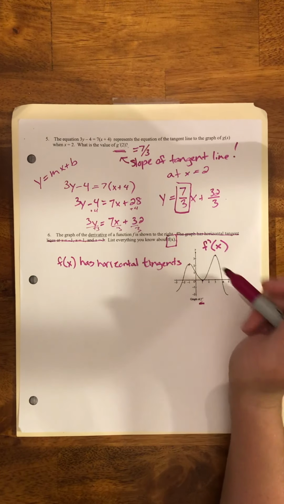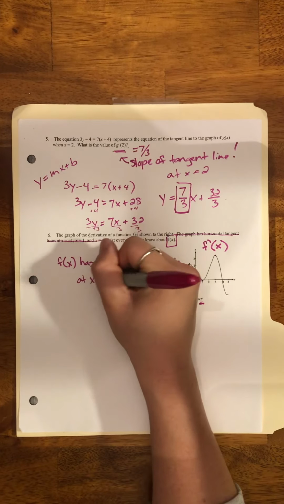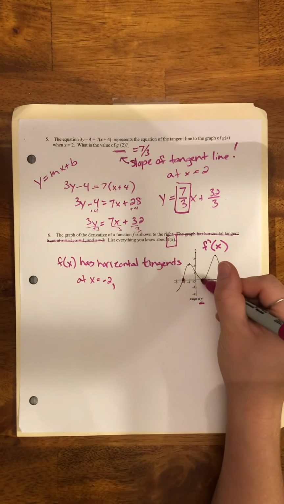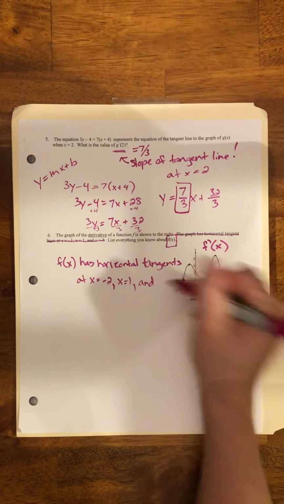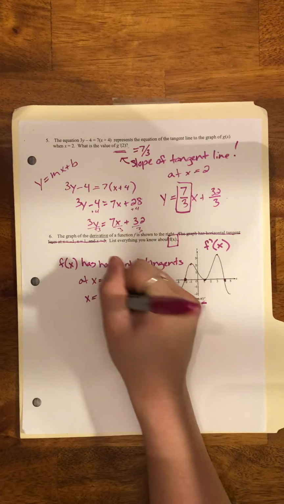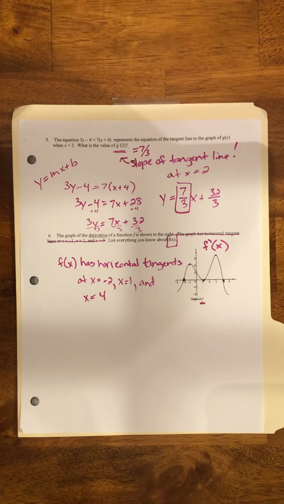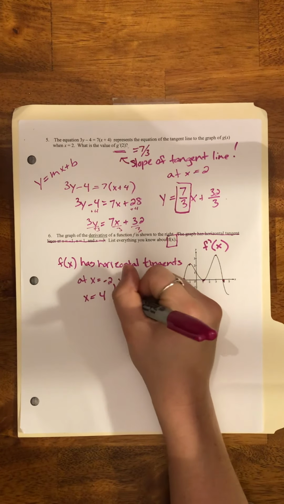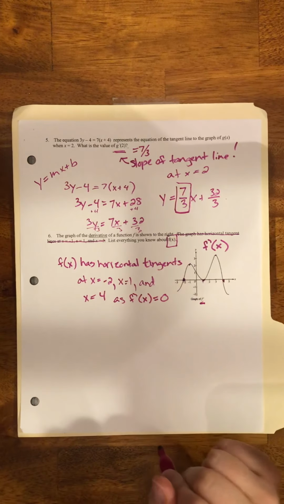It's going to be at -2, x equals 1, so one of them is the same, and x equals 4. Or really close to 4. It's kind of hard to tell if that's it or not, but for the sake of this, we can say it is. So f of x has horizontal tangents at those values. And the reason is that f prime of x is equal to 0. So pick the places where f prime is equal to 0.